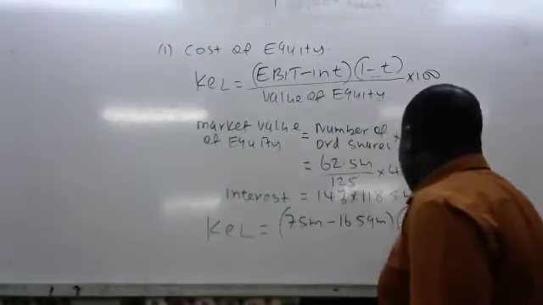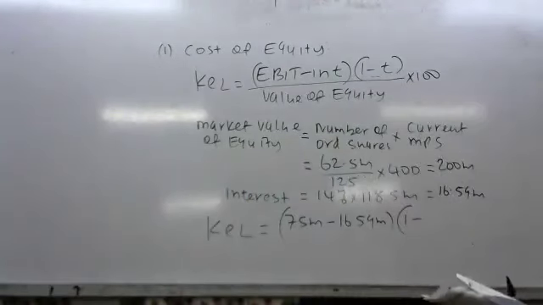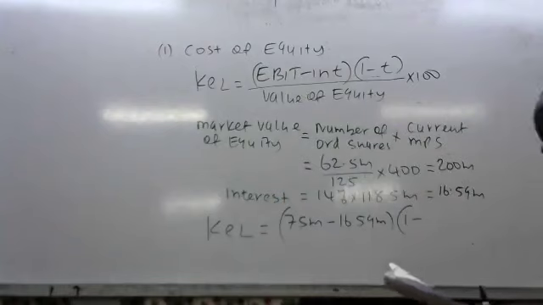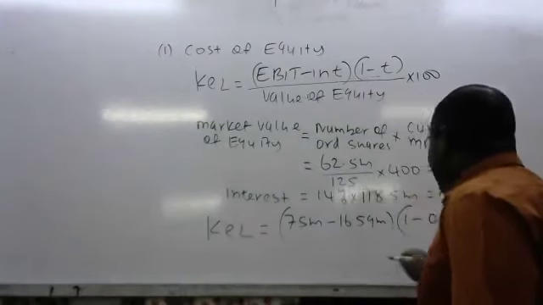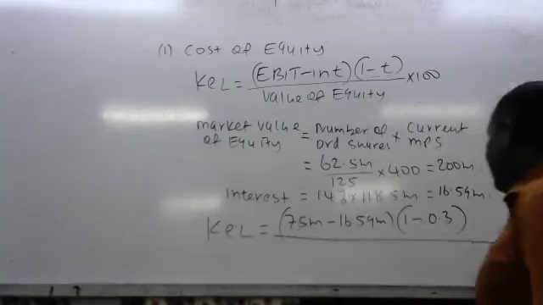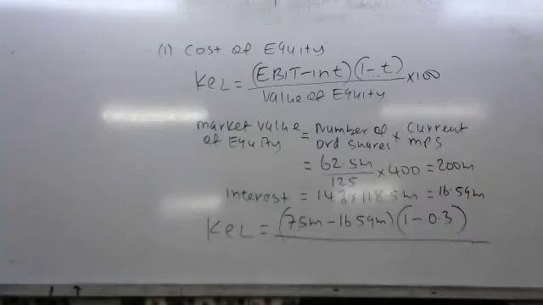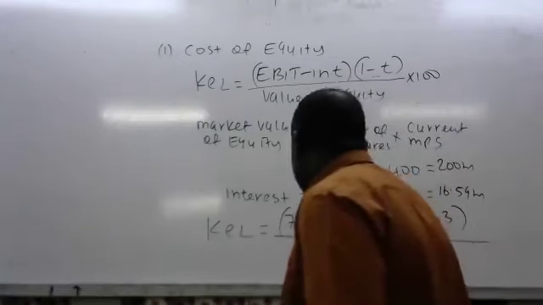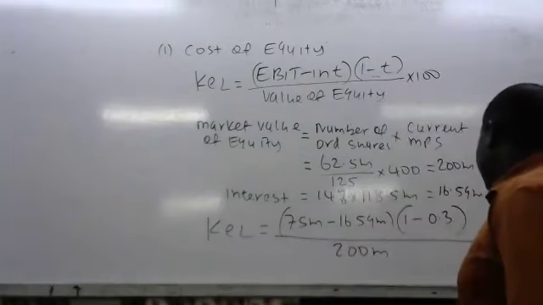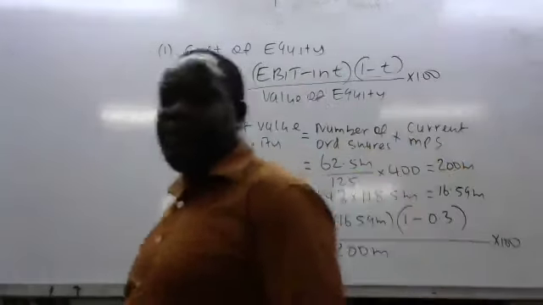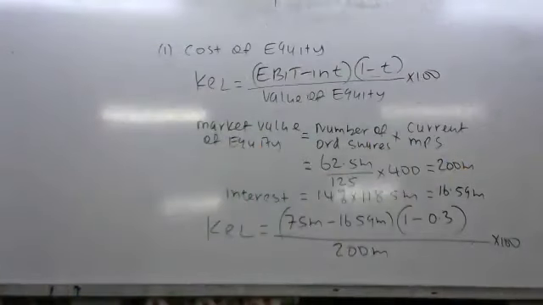Then the question had given you the corporate tax as 30%, which is the same as 0.3. Then divide by the market value of equity, which is 200 million. Then express that figure as a percentage.